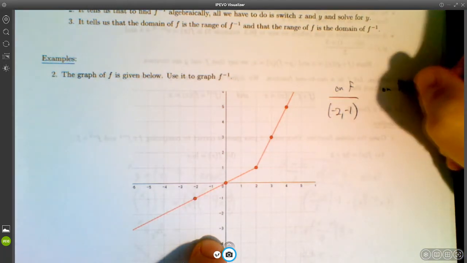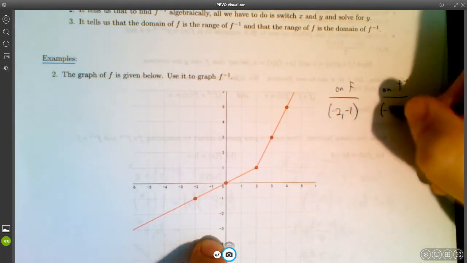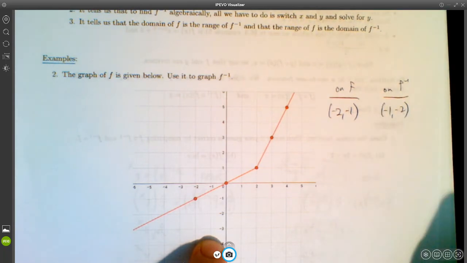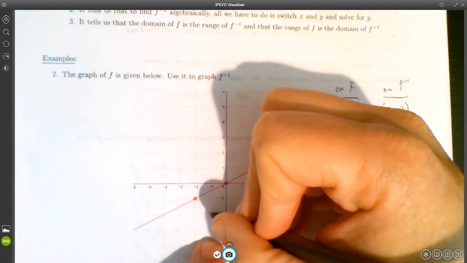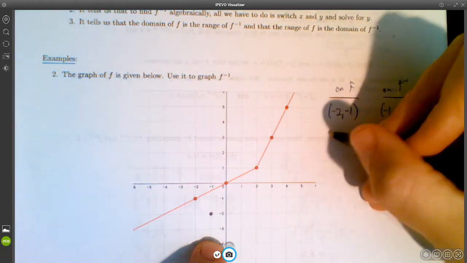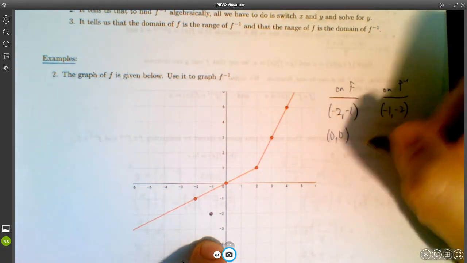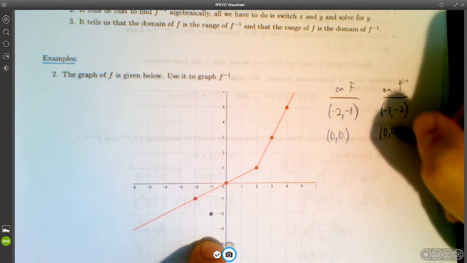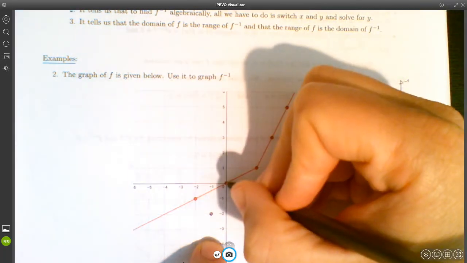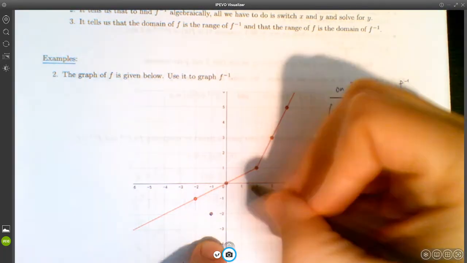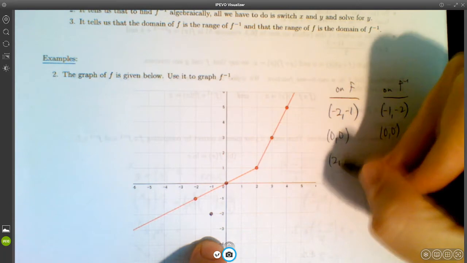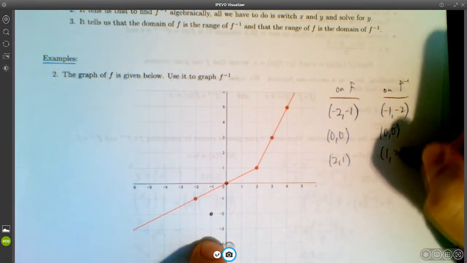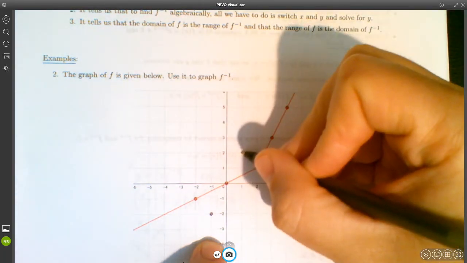So if we want to know what points are on f inverse, well, we would just switch the coordinates. (-1, -2) must be on f inverse, right? (0, 0) is on f. That means that (0, 0) is on f inverse, right? (2, 1) is on f. That means (1, 2) is on f inverse.